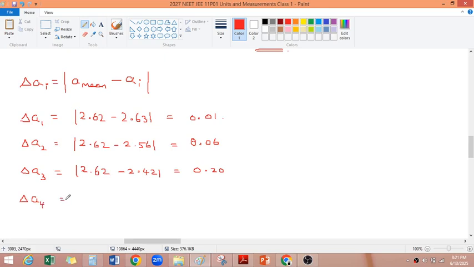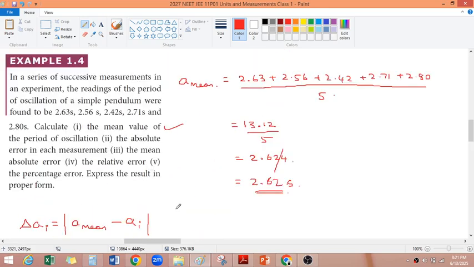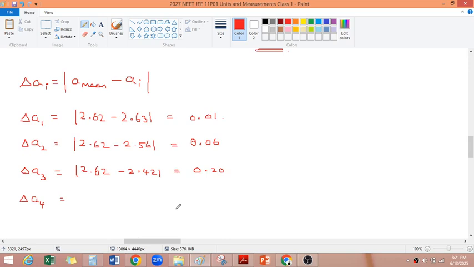Delta A4 is equal to 2.71. So 2.62 minus 2.71. So 71 minus 62, I think it will be 9, right? 8 plus 1, 9. Yeah, so 0.09.